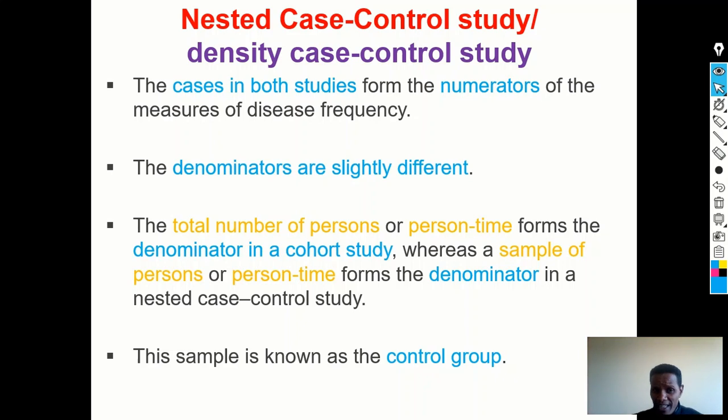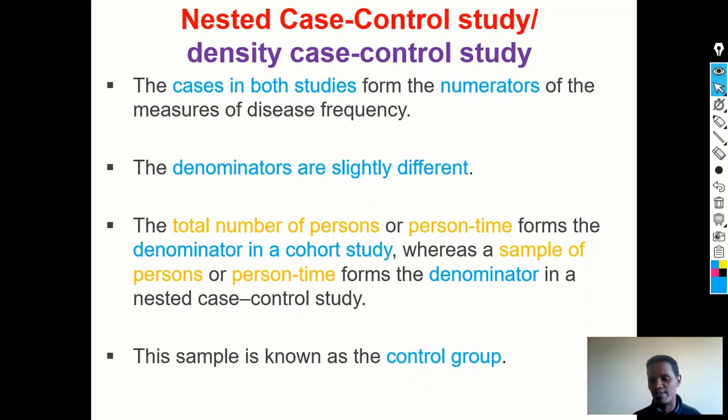The cases in both studies, that means in the nested case control study design and the entire cohort, are the numerators. They are the same, 2,000 cases. The denominators are slightly different. The total number of persons or person time forms the denominator in the cohort study, whereas a sample of persons or a sample of person time forms the denominator in the nested case control study design.